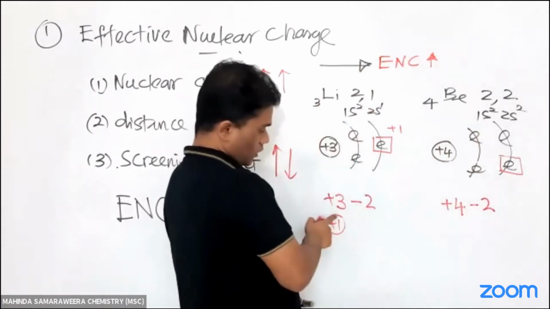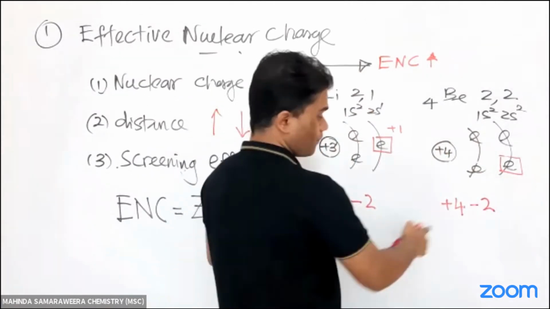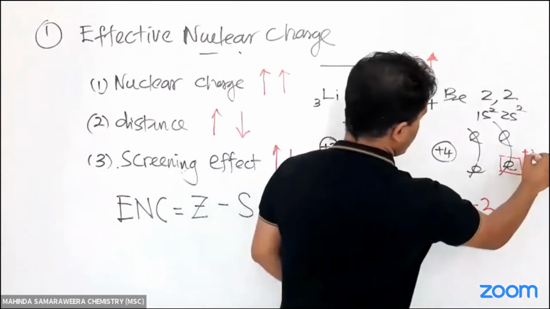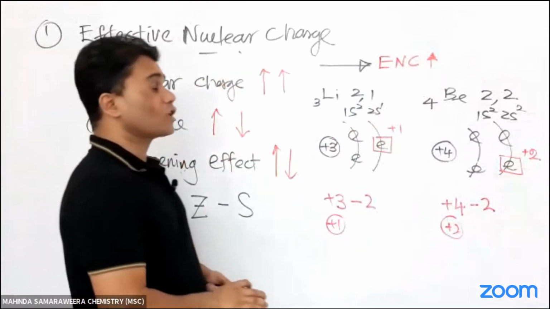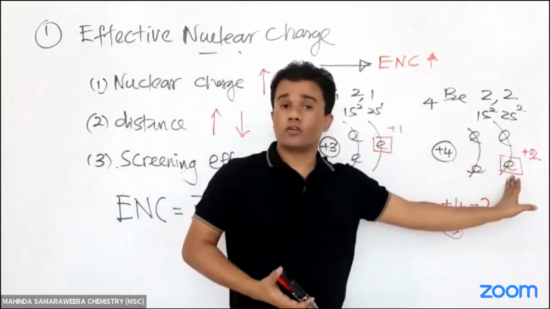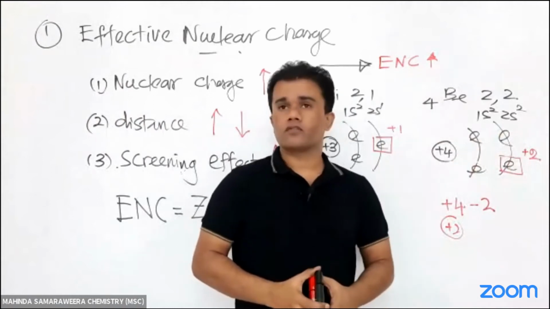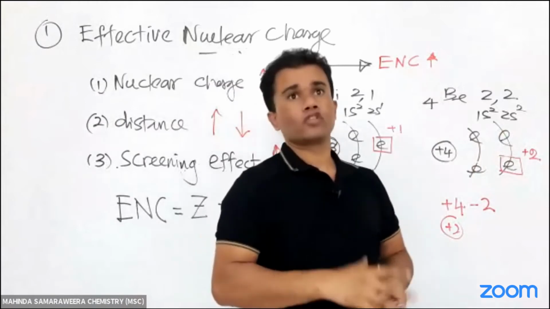So therefore it's still 2. Nuclear charge increases, but screening effect remains constant. So what's the value? +4 minus 2, it's +2. So for this electron, the nuclear attraction is +2. Effective nuclear charge is +2. So what has happened? Effective nuclear charge increases going along a period. Understood? So I explained both ways, the easy way and the logical way.